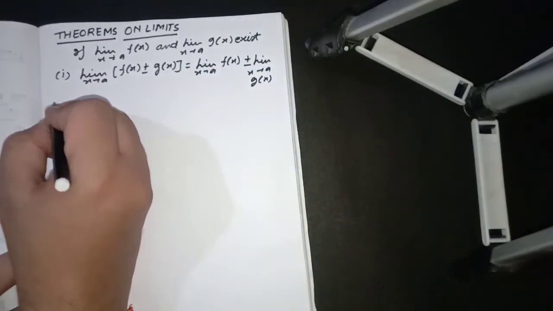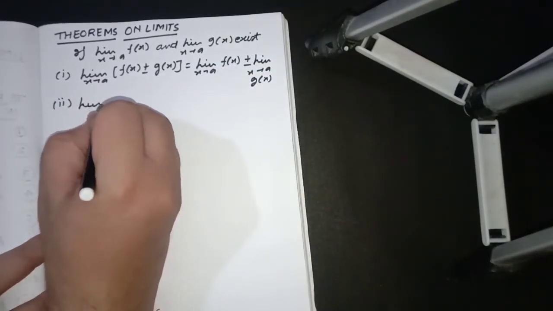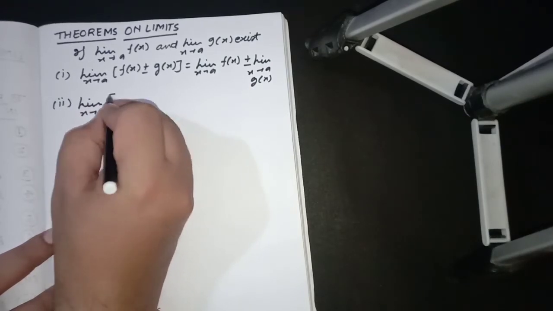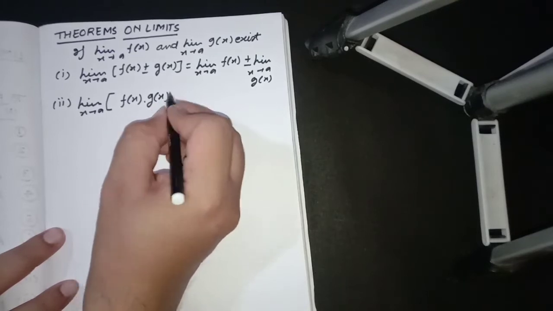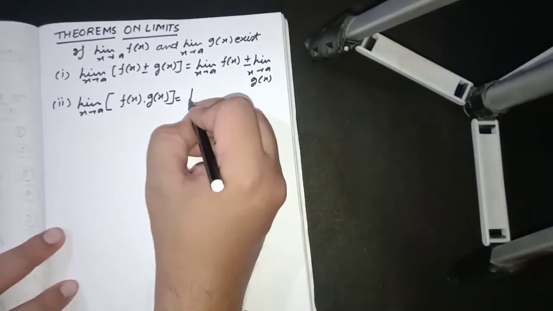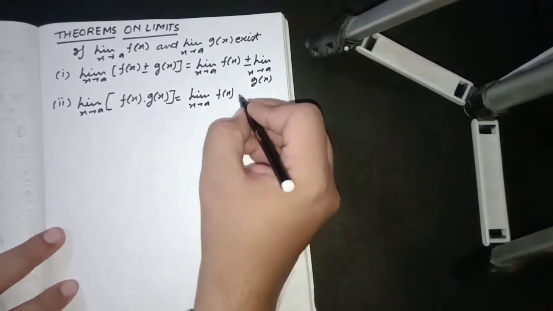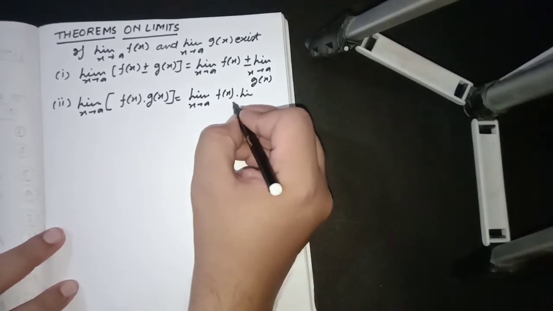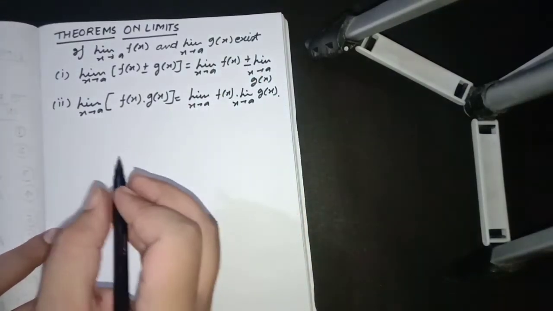So that is the first. Second one is limit x tends to a f(x) into g(x), that will be equal to the limit x tends to a f(x) multiplied by limit x tends to a g(x). So it is the second theorem.